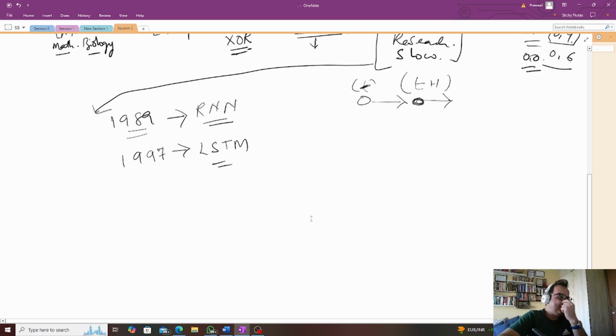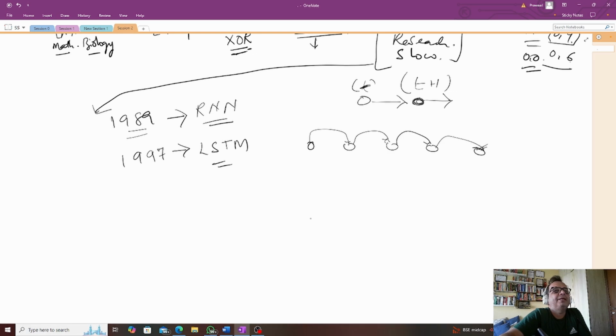In an RNN, let's suppose there are a set of these states, and from this you come here, from this you come here, and from this you come here. The input for this is only going to come from here.